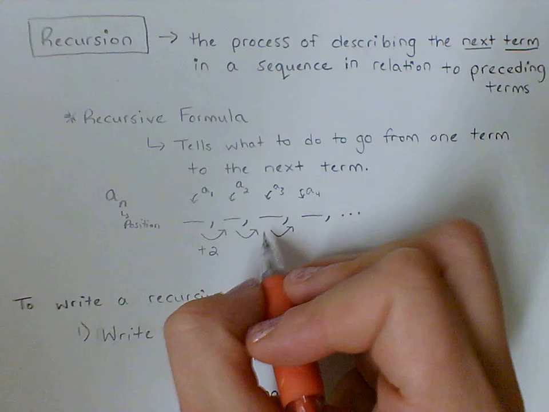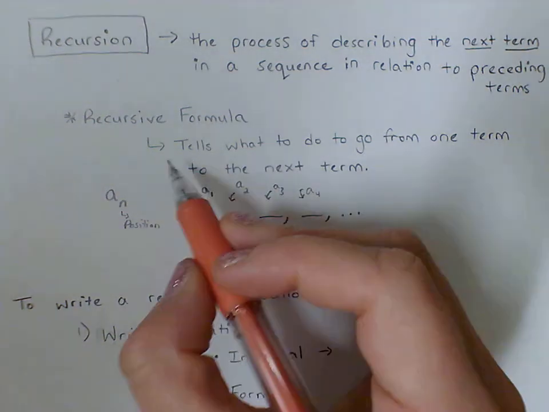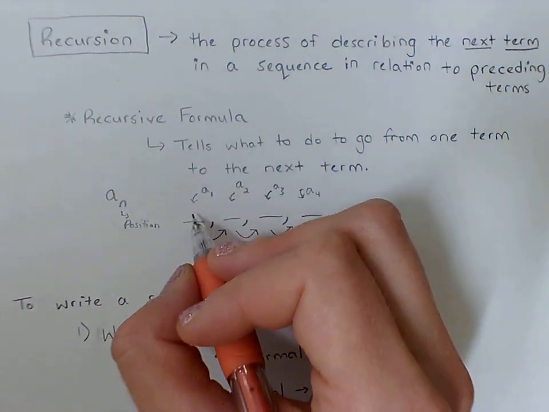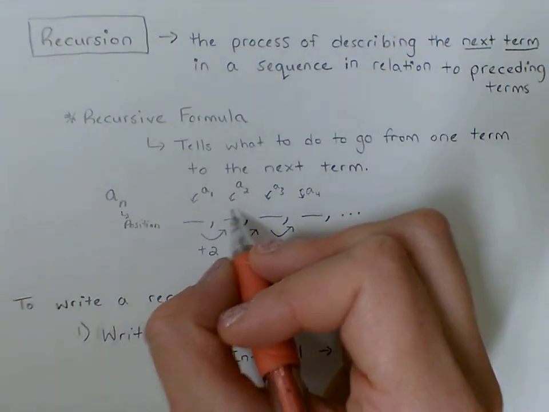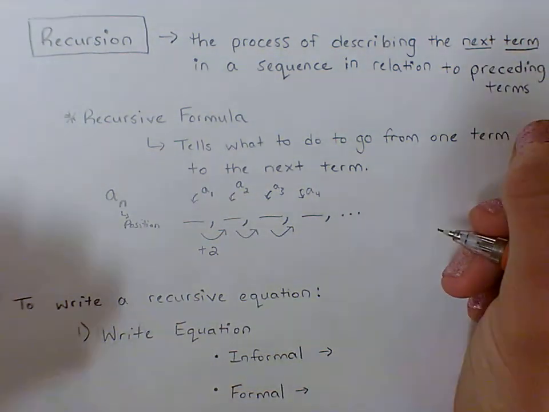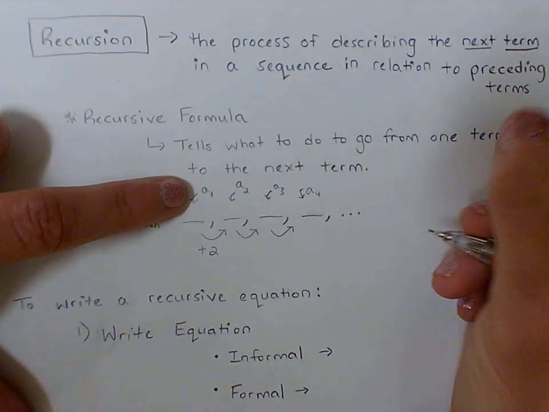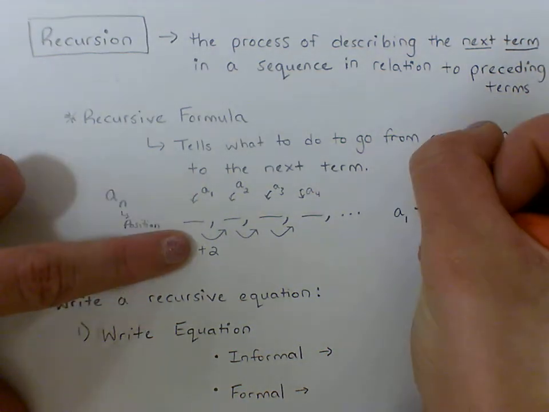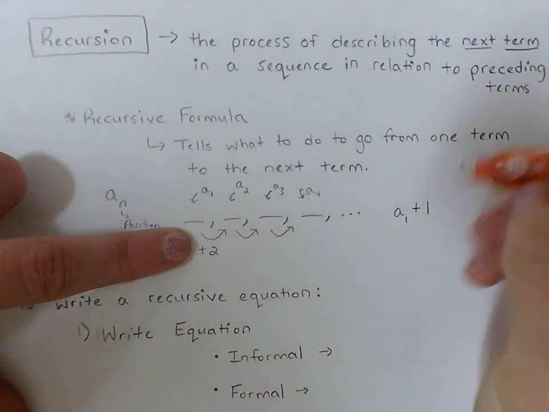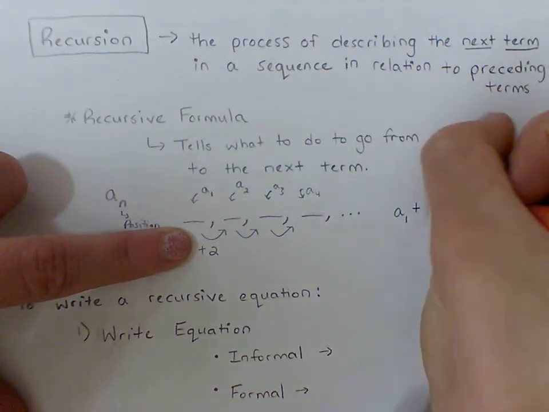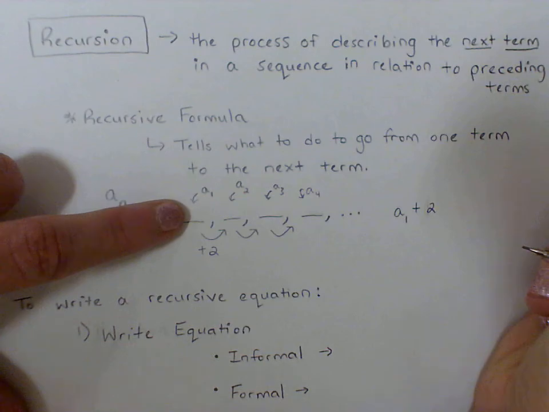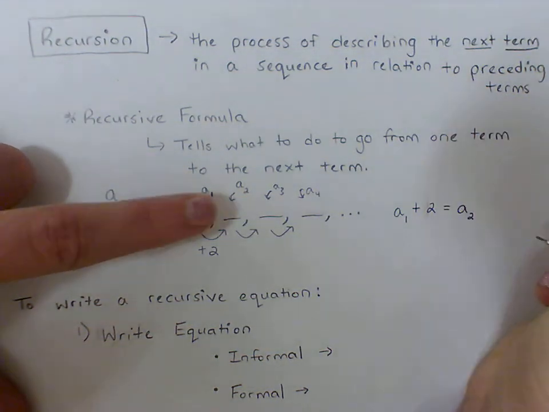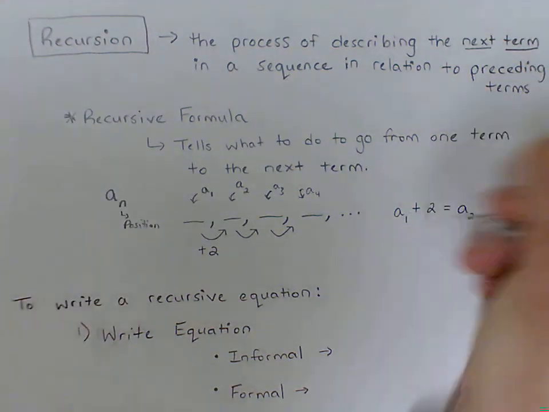Then the recursive formula is going to tell you that you take one term and you have to add 2 to get to the next term. So a way of writing that is you would take one of your terms and add 2 to it, whatever that number is, and that would give you that next term, okay? So that's using the notation.